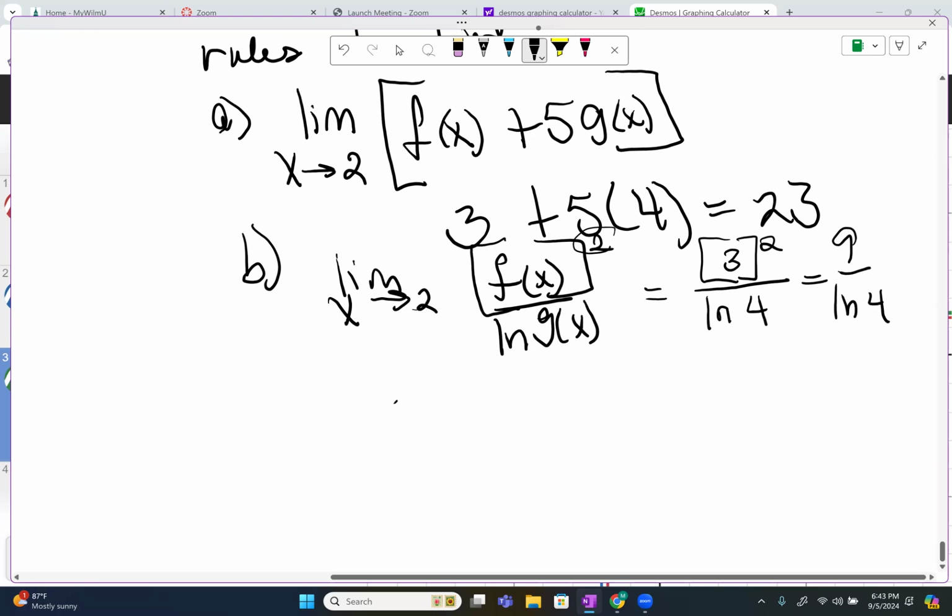Now that becomes 9 over 1.38629, and using a calculator, you get 6.492.